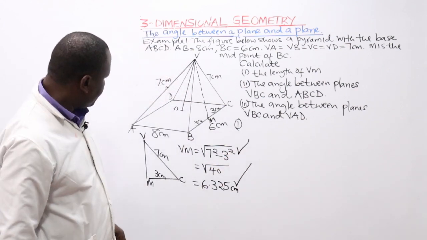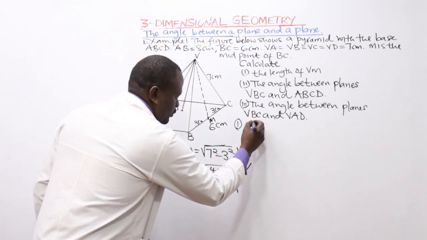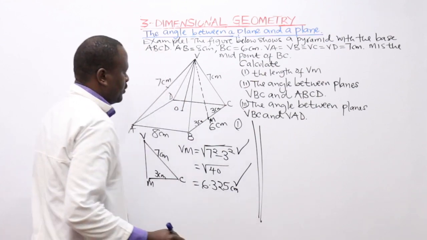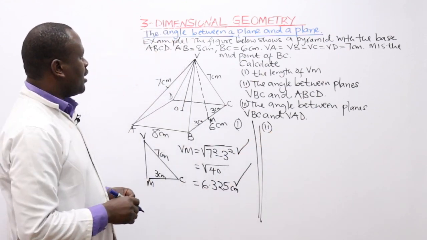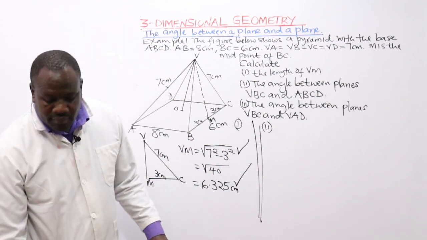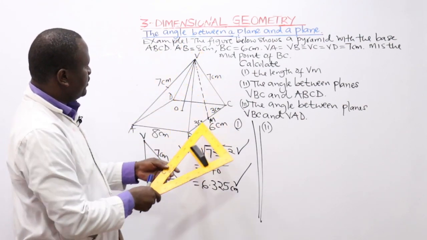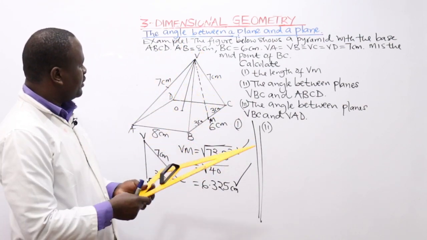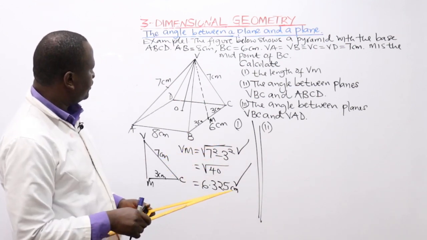So that's how we get VM. Now, number 2, we're going to look for the angle between two planes. This plane on this side, VBC, and the base, which is horizontal.